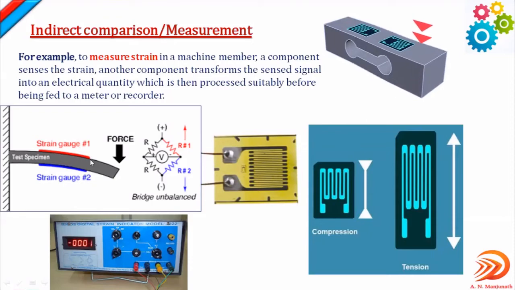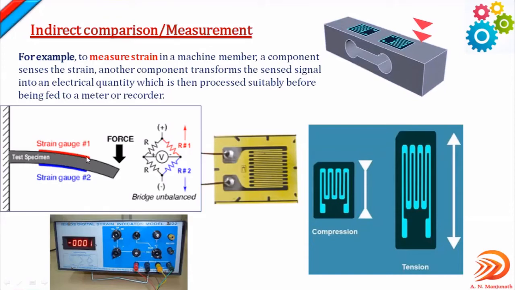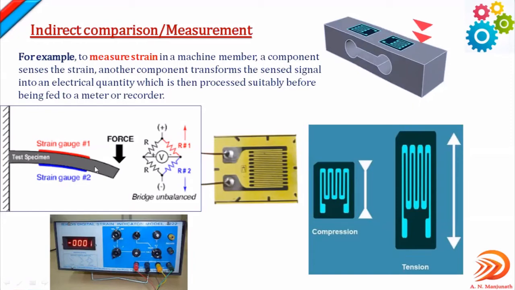This type of strain gauge is stuck here as well as at the bottom. The top side strain gauge will sense it in terms of tension, because it is deforming like this. The bottom one will have compression.